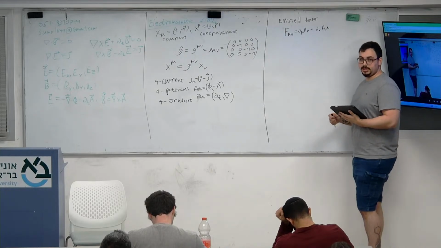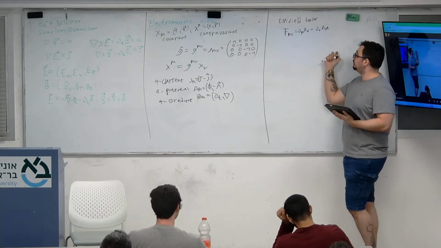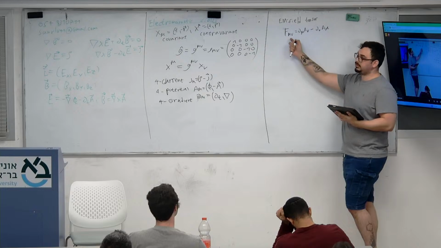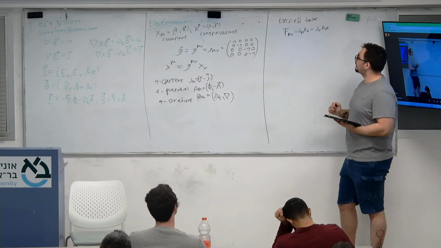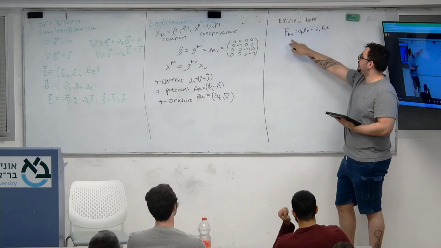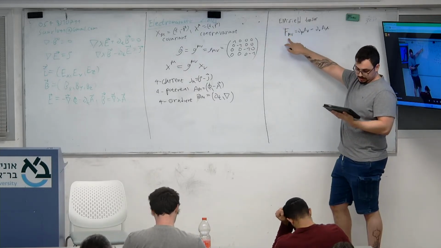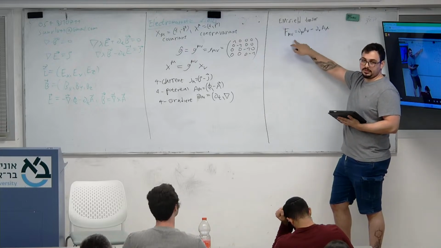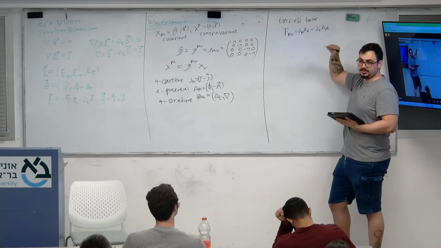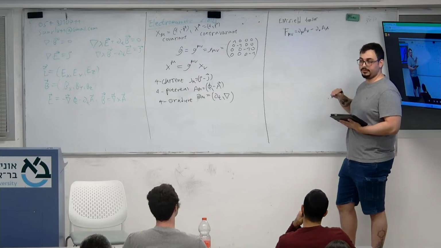Just to understand the formalism, I'll give you a second to copy it, and let's try to find one of the terms. Let's try to find the term in the 0 row, first column. Notice that in the 4-vector convention we start from 0: 0, 1, 2, 3, so 1, 2, 3, 4.